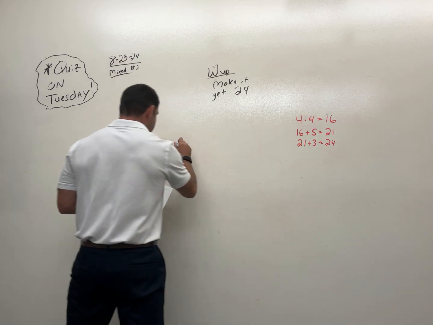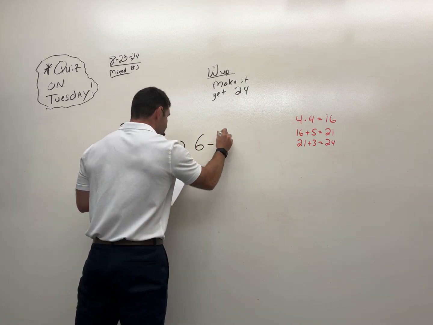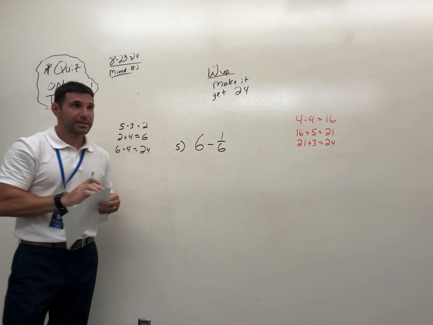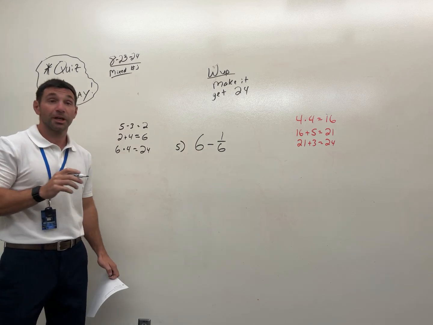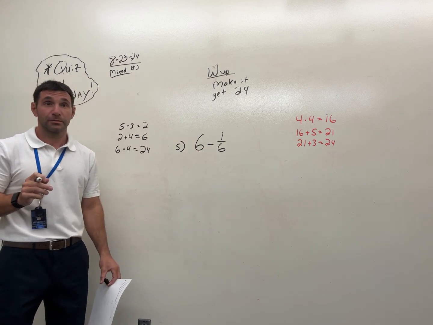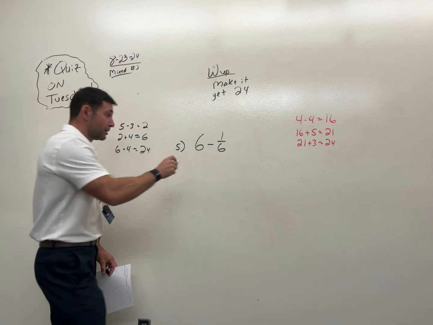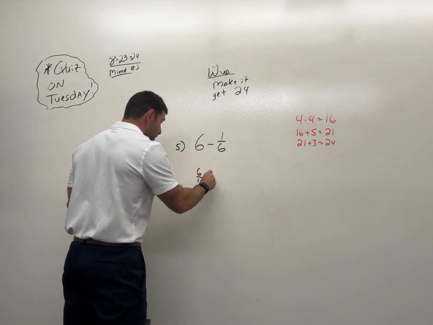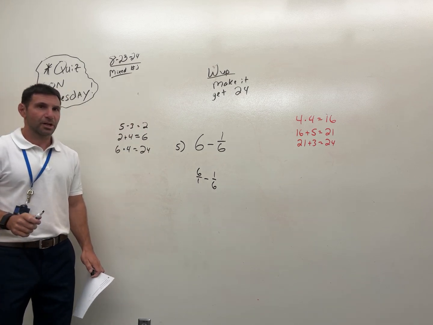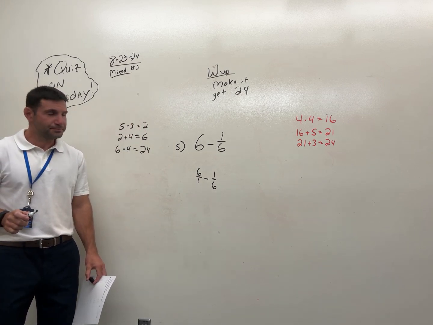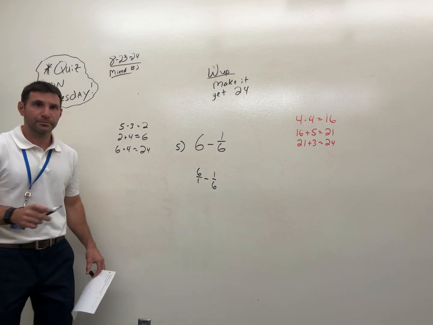So this is number 5. We had 6 minus 1/6. And we said any integer has a denominator of what? 1. So we rewrite this as 6 divided by 1 minus 1/6. Are those denominators the same? What can I do here?